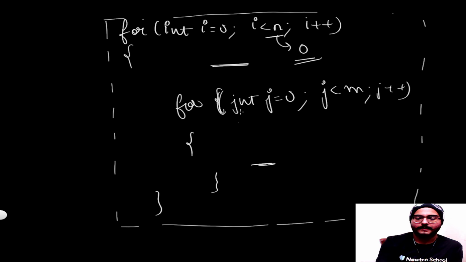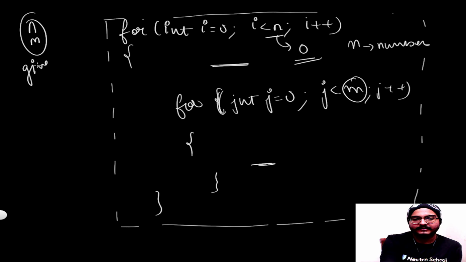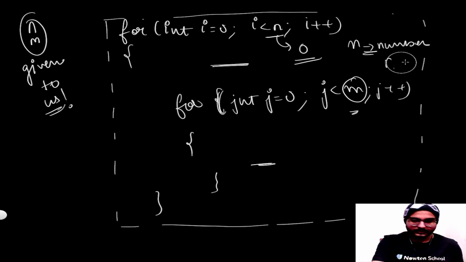Let's say n is some given number, and m is small. Basically, n and m are given to us. Let's say that n is a number and m is also a number, and m is smaller than n, very small as compared to n.